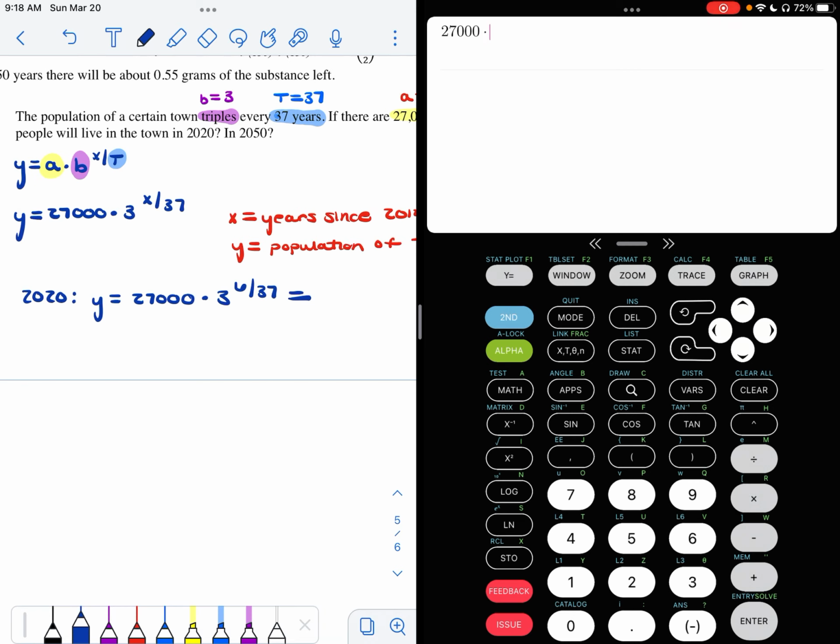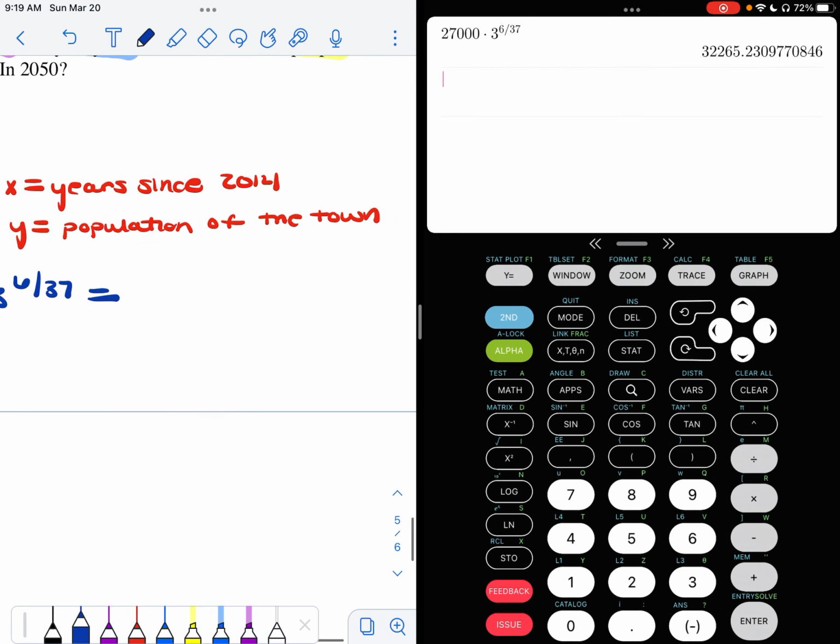So 27,000 times 3 to the power of 6 over 37 gives us 32,265.23. We're talking about the population of a town, a number of people, so we definitely don't want a portion of a person. We're just going to round. Since it's 0.23, I'm going to round down to 32,265 people.